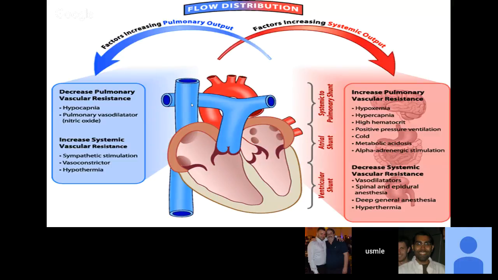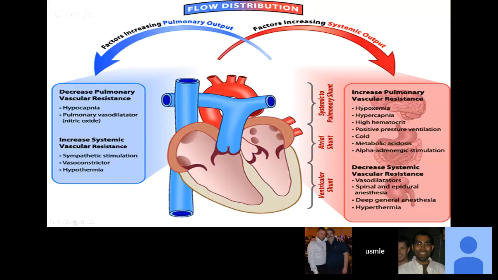If you have an increase of vascular resistance within the lung, think about hypothermia can lead to that. Vasoconstriction can lead you to that. So contrary to the decreased resistance, here is increased resistance and sympathetic stimulation. If it's a systemic output, so from the left-sided heart, the causes of increased pulmonary vascular resistance are going to be a bit different.